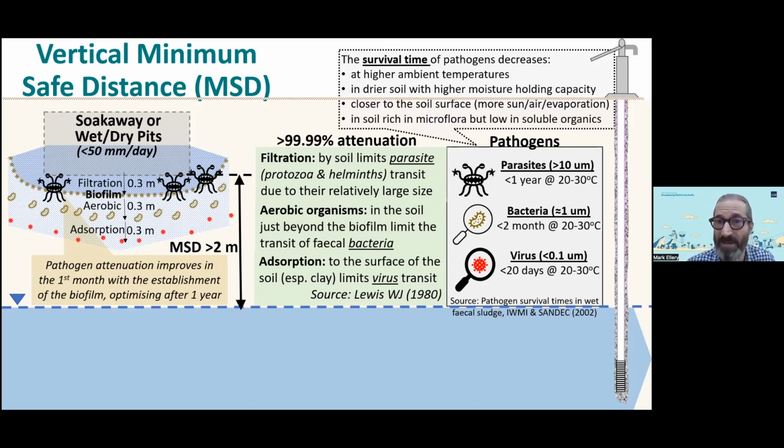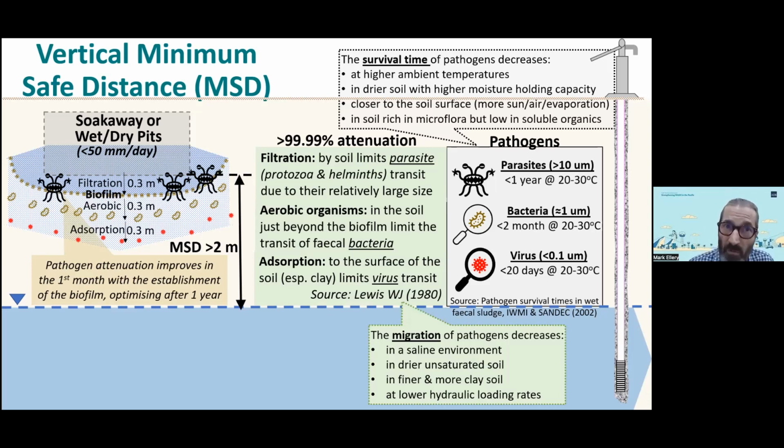We have higher temperatures, we have drier soils. If we are putting our pits closer to the surface, and if there's not a lot of competition for other nutrients, we have a very favorable environment for the reduction of the survival time of pathogens below what's listed in that table there.